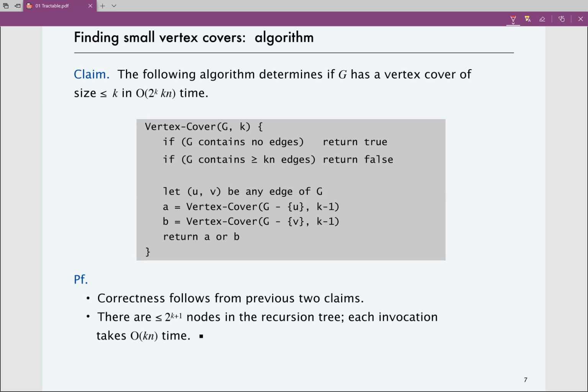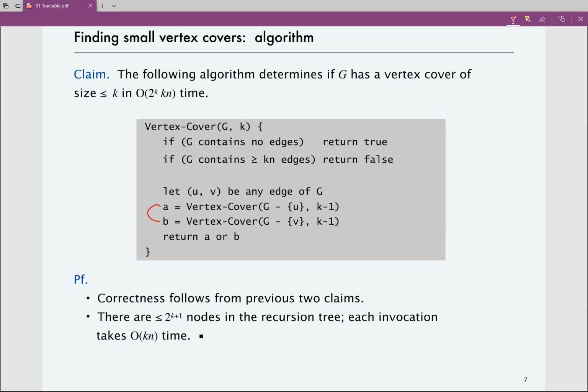Otherwise, we're going to use the first claim that we had. We pick any edge UV. Then we try to cover G minus U using K minus 1 vertices, call this A. We also try to cover G minus V using K minus 1 vertices, call this B. What we said was that if there is a way to cover G using K vertices, then one of these two things must be possible.